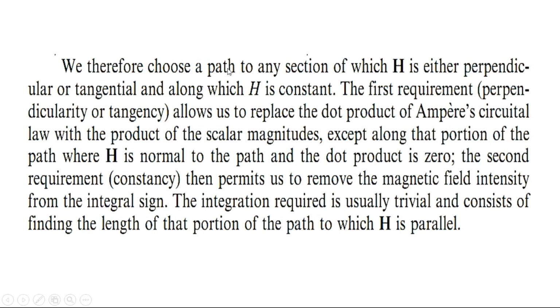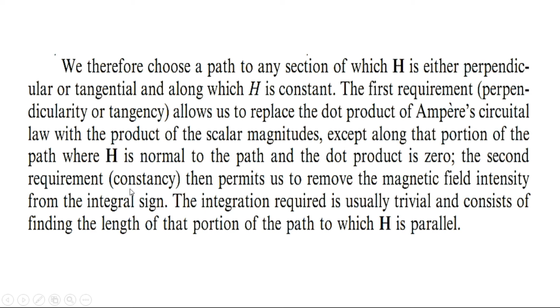And we therefore choose a path to any section of which H is either perpendicular or tangential, and along which H is constant. So the first requirement, perpendicularity or tangency, allows us to replace the dot product of Ampere's circuital law with the product of scalar magnitudes, as we already discussed, except along that portion of the path where H is normal to the path and the dot product is 0.